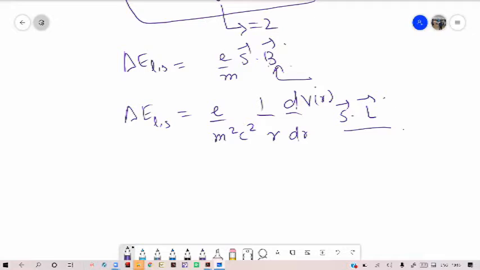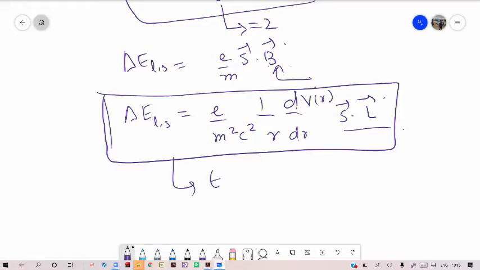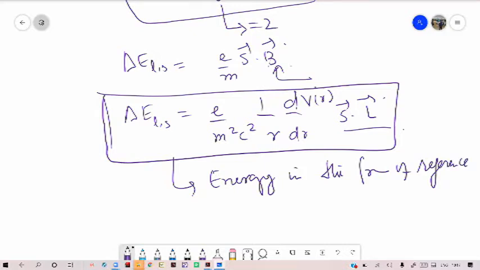And this is the energy in the frame of reference in which the electron is at rest. Just remember that. This is possible because until now we have heard that the electron is moving around the nucleus.